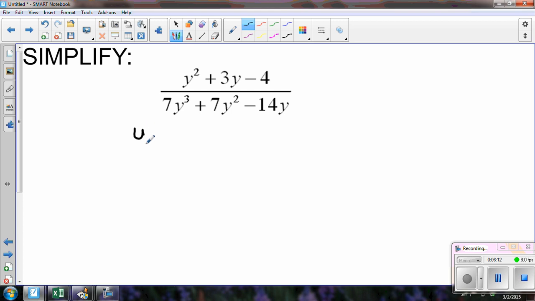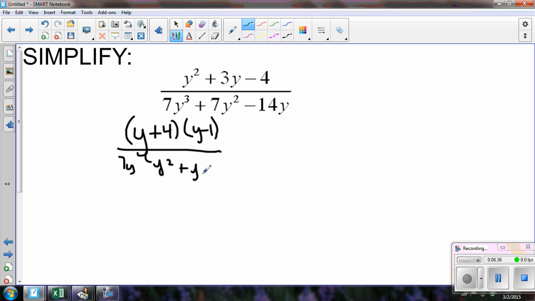I'm going to factor the numerator to y plus 4, and that goes in parentheses, and y minus 1. In the denominator, you have a common factor of 7y. Then you're left with y squared plus y minus 2.